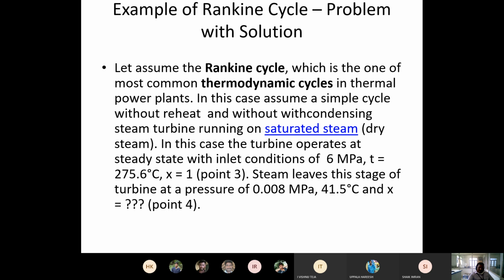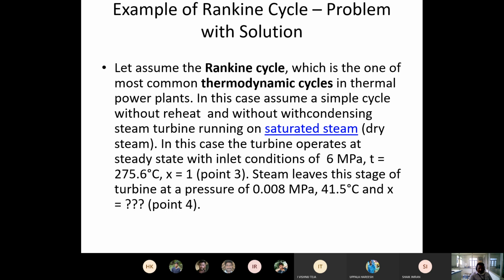So we can directly take the value S3 from steam tables, and we can calculate S4 as SF4 plus X4 into SFG, or as SF4 into X plus (1 minus X) into SF. This formula can also be used in thermodynamics, properties of pure steam. You can recall it.